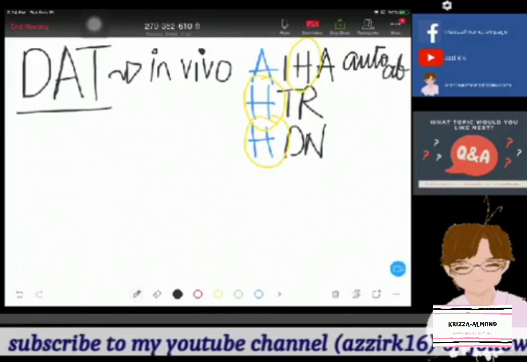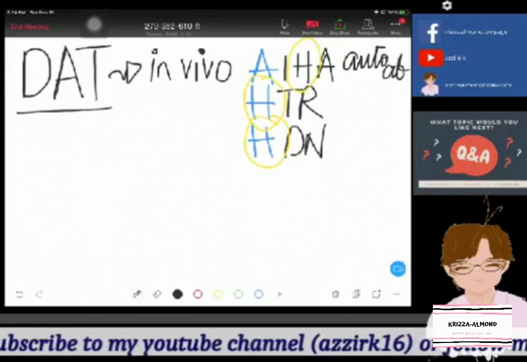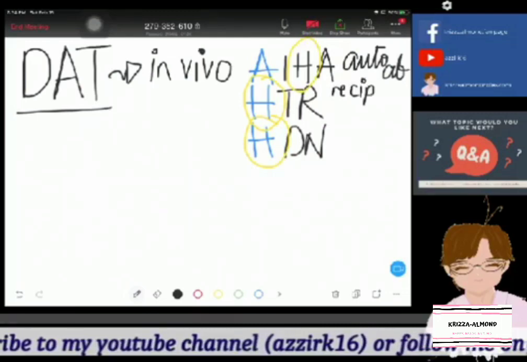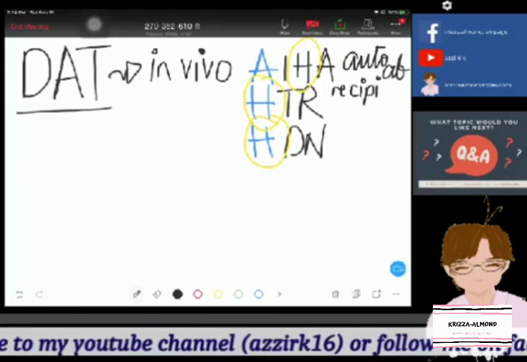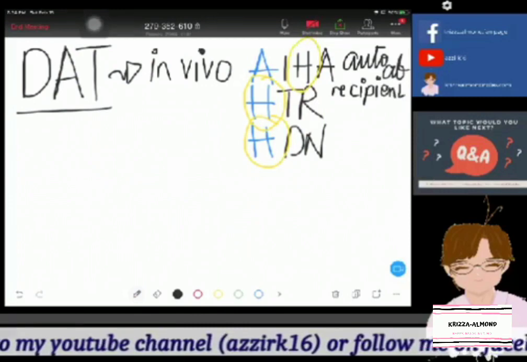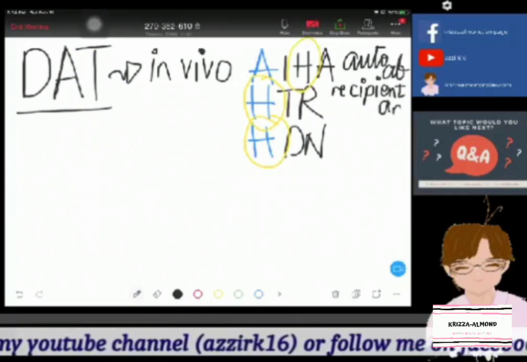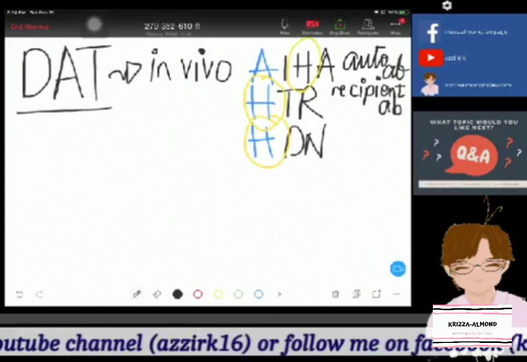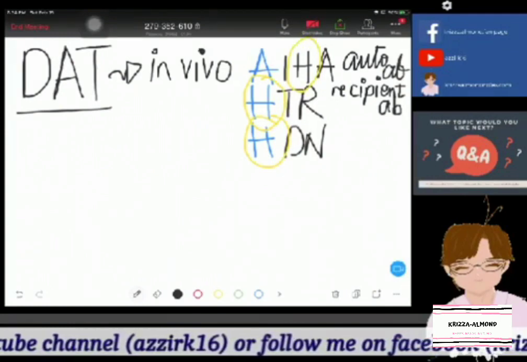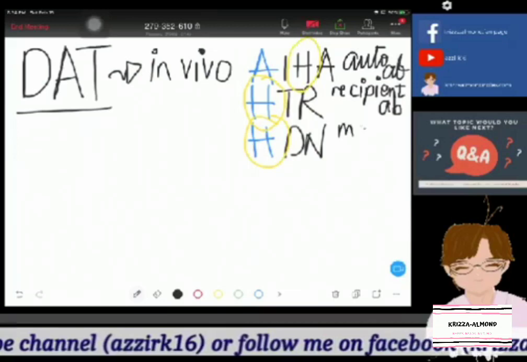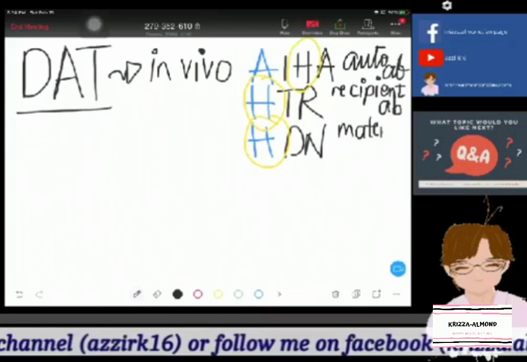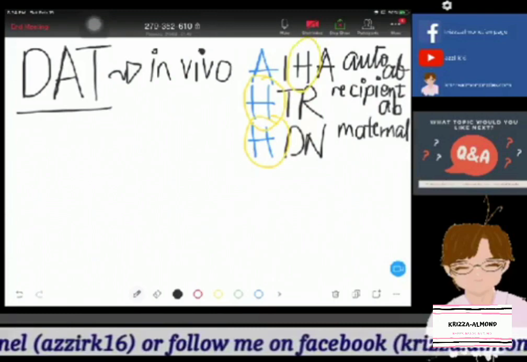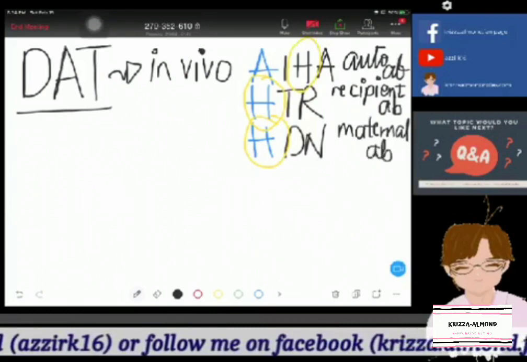Kapag naman po hemolytic transfusion reaction, no, ang antibody na implicated dito ay yung recipient antibody. Okay, yung recipient antibody. Recipient antibody coating the donor RBCs. And the last one, the HDN, no, yung antibody na implicated dito ay si maternal antibody na nagko-coat ng red blood cell ni fetus or ni baby.